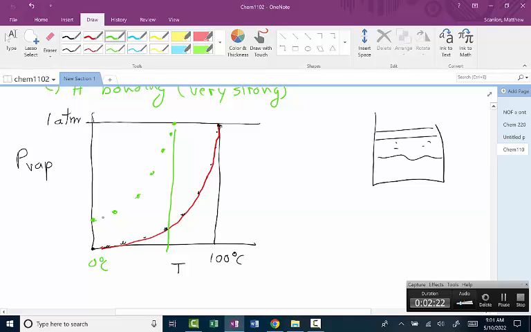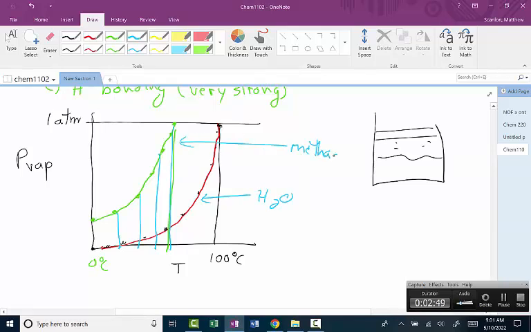So this curve has a higher vapor pressure, point for point, at each of these temperatures. It has a higher vapor pressure than water, and it boils at a lower temperature. This one is water, H2O, and we'll call this one methanol. We'll talk about those first.